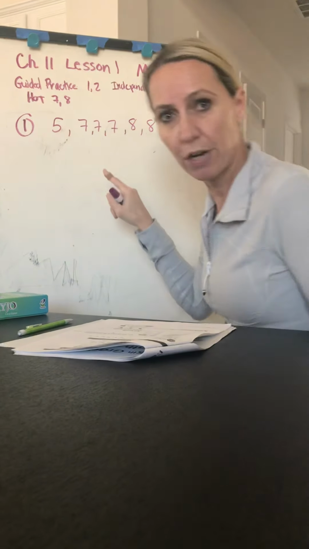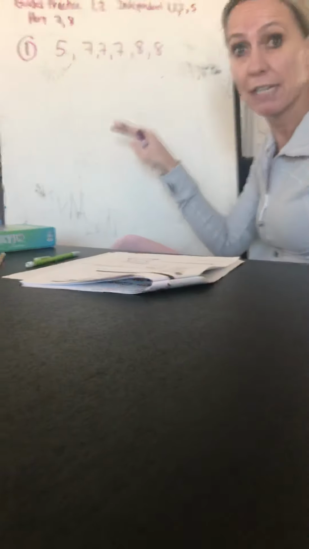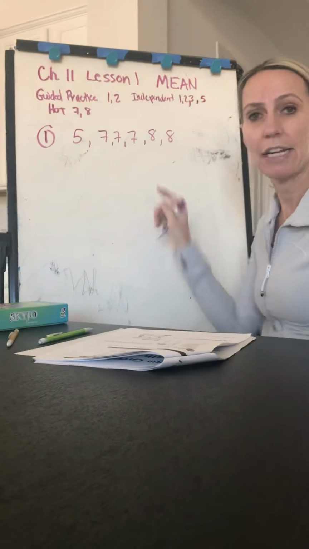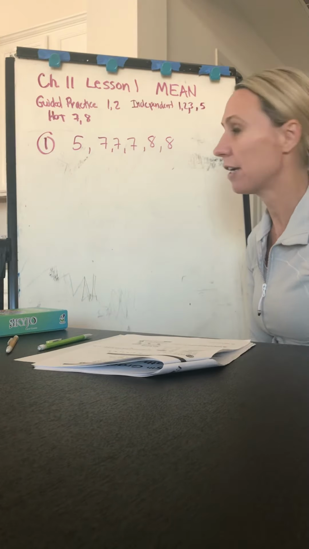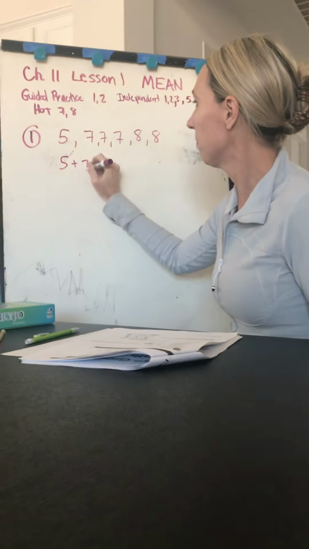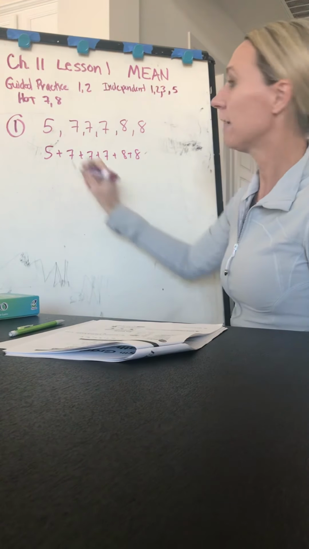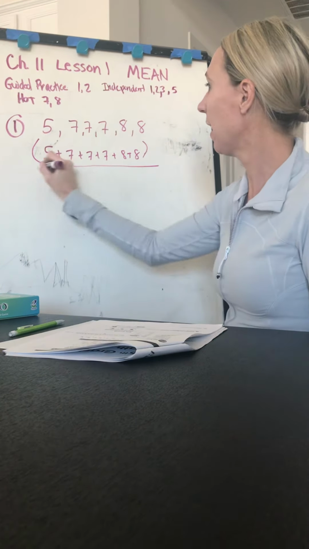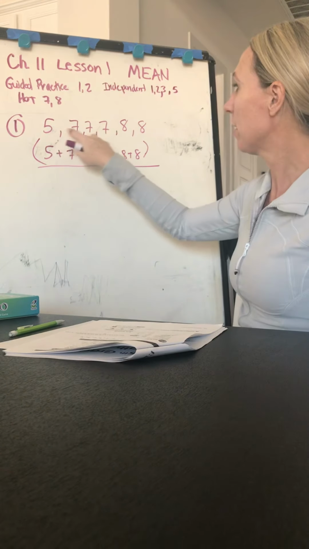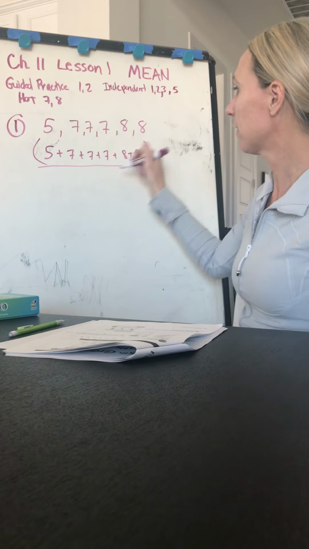So the first thing you want to do, especially when you're finding mean, median, and mode, is list your data in order from least to greatest. So here's my data. So what you do is we're going to add all these up first, and then we're going to divide by how many numbers there are. 1, 2, 3, 4, 5, 6.